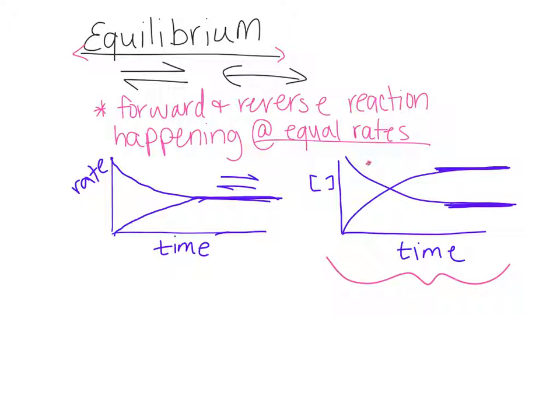So these will always be your reactants on the top line. And these will be your products on the other one. Sorry, I have to write it off to the side. I ran out of room. I just want you to be ready to see that kind of graph and know that that's what it's showing. We're not going to do much more with those, so don't worry about it too much.